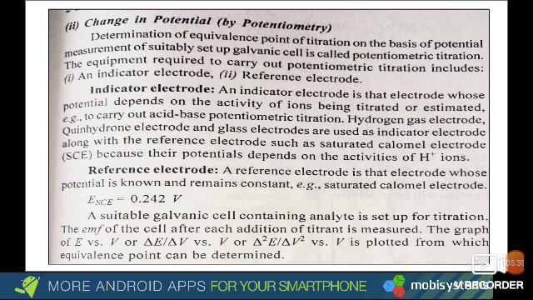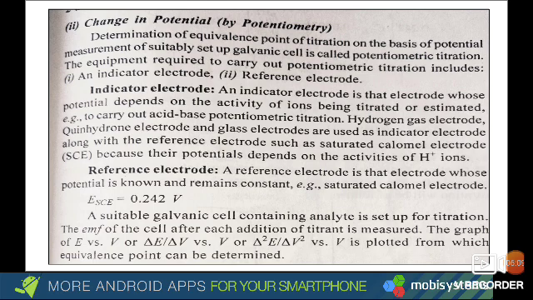These three are used as indicator electrodes. They will actually show the change in potential. Their potential can change according to the change in concentration of the ion whose concentration is to be determined. As the concentration of the unknown sample changes, their potential will change. So that one is called the indicator electrode.